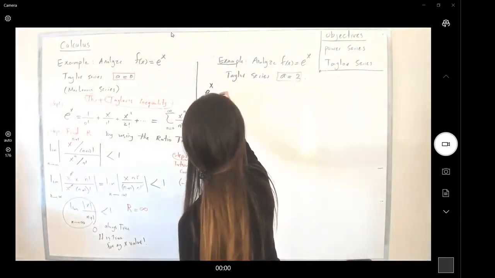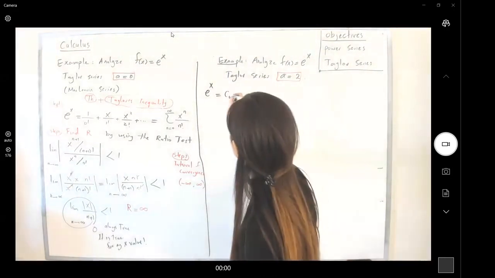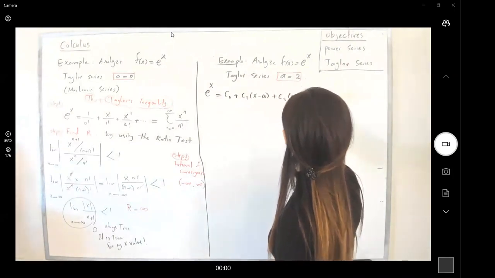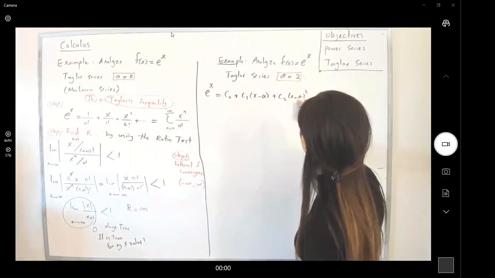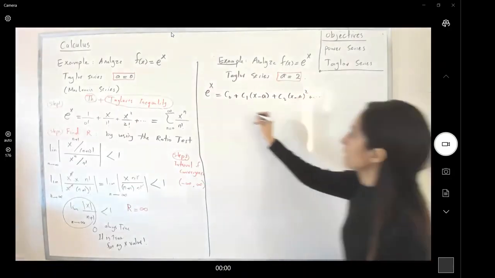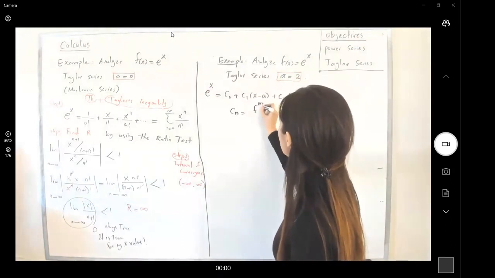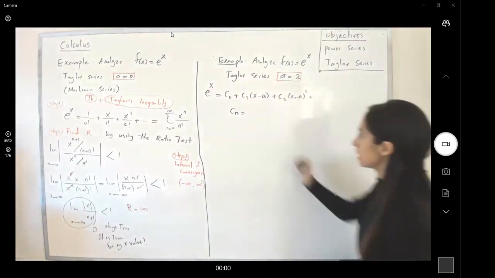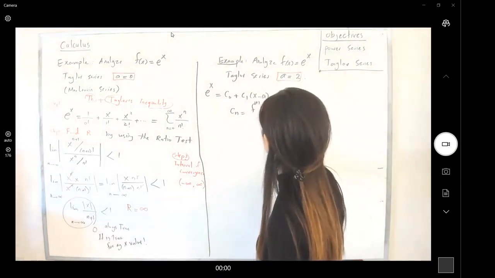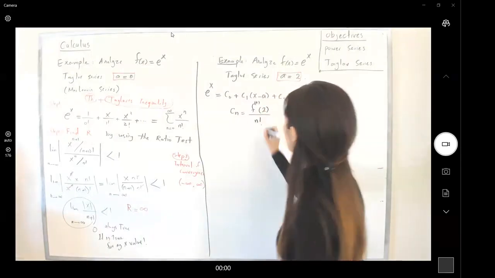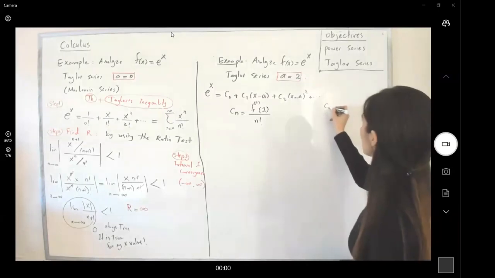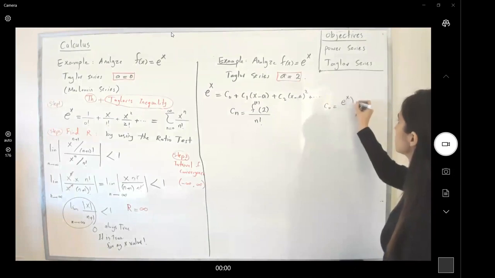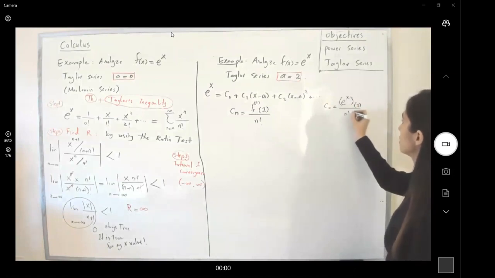e to the x is equal to c sub 0, plus c sub 1 times x minus a, plus c sub 2 times x minus a squared, plus the rest of them. And remember that c sub n is defined as the nth derivative, but here you don't have 0, you have 2. So you get the nth derivative at 2 divided by n factorial. Okay, c sub 0 is equal to the 0th derivative of the function, which is e to the x, evaluated at 2 divided by 0 factorial.